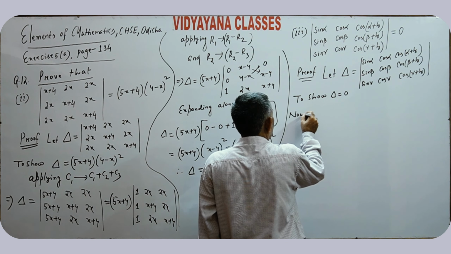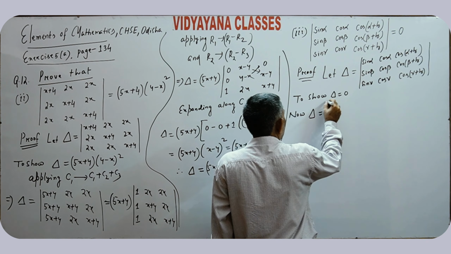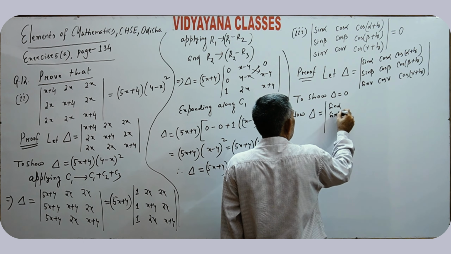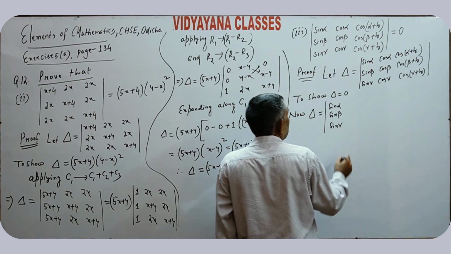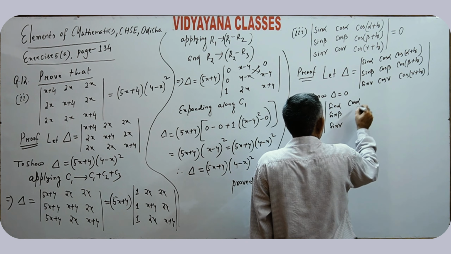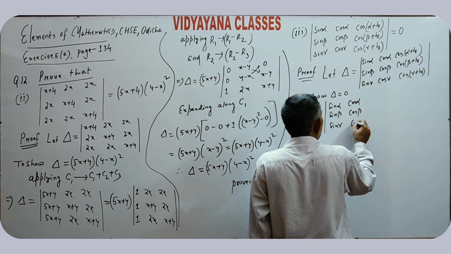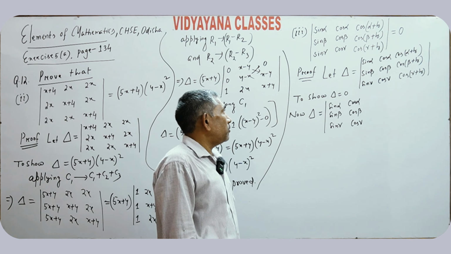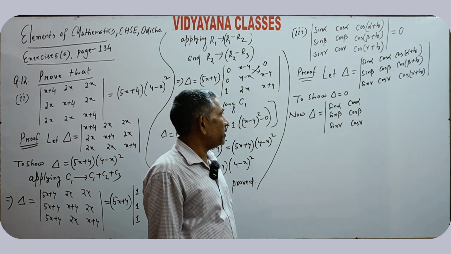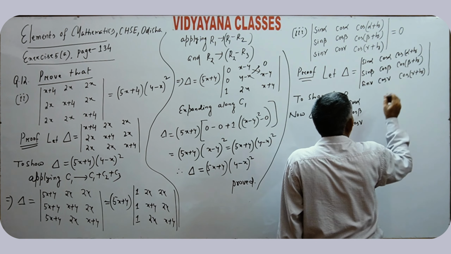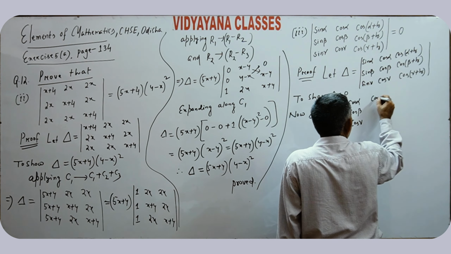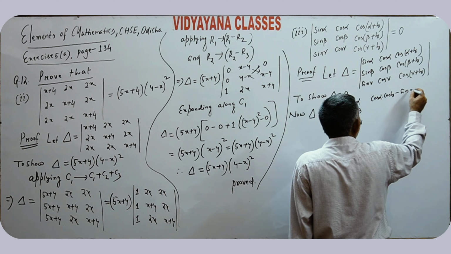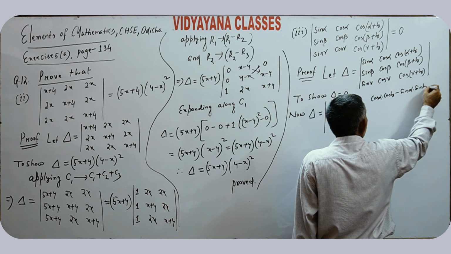Now, del is equal to determinant having elements sin alpha, sin beta, sin gamma, cos alpha, cos beta, cos gamma. Cos a plus b is equal to cos alpha into cos beta minus sin alpha into sin beta. Cos alpha plus delta, that is cos alpha into cos delta minus sin alpha into sin delta.